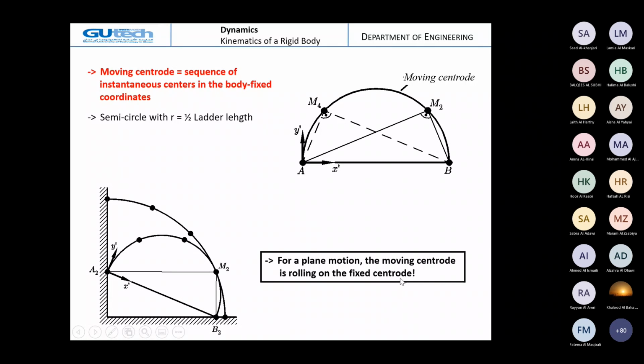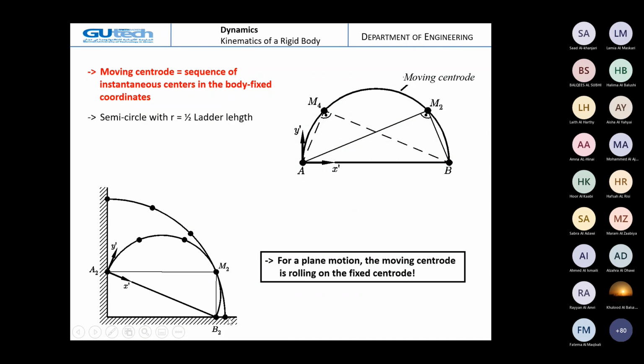That means if someone is sitting here in the global fixed coordinate system, the absolute coordinate system, he will see the center of rotation describing this arc here.